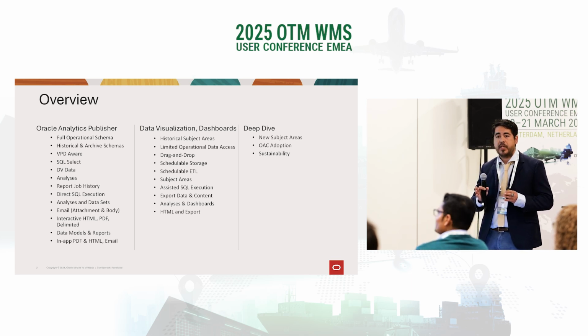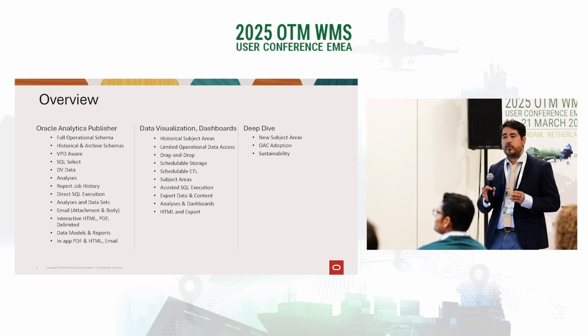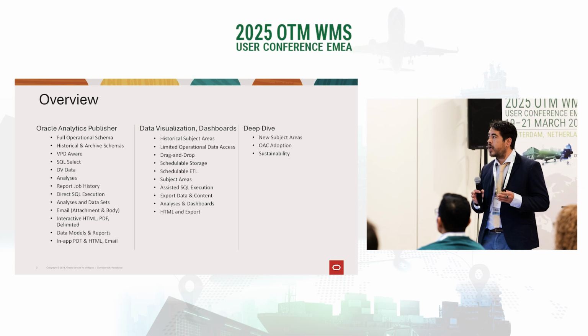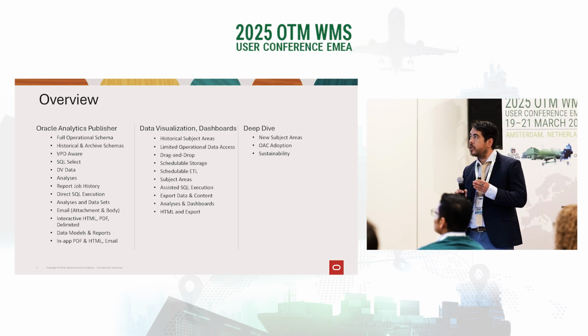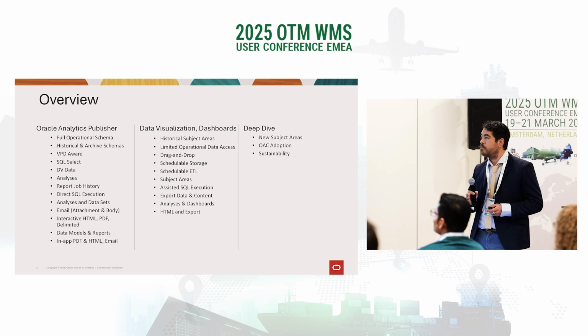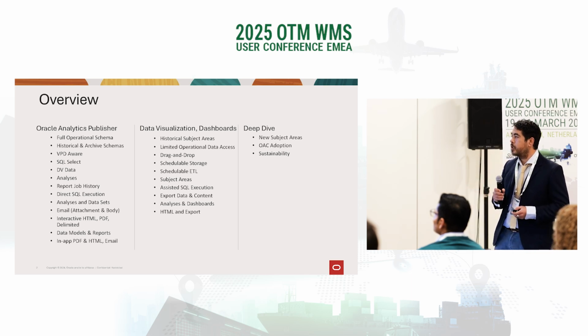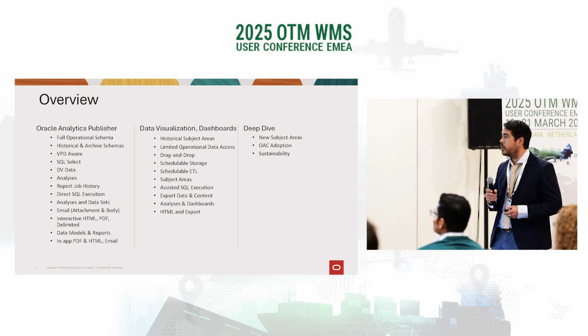So if you have a piece of data that you need to compute or calculate, derive, that can't be displayed via the normal UI for whatever reason because it's complex calculation, then you can actually perform that calculation in OAP and embed that in a workbench. So that's a pretty powerful capability with Workbench embedding.